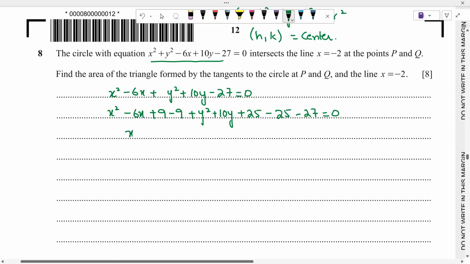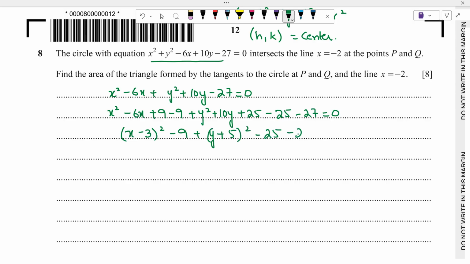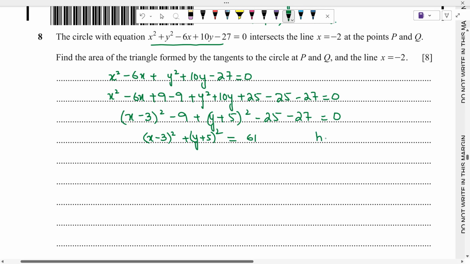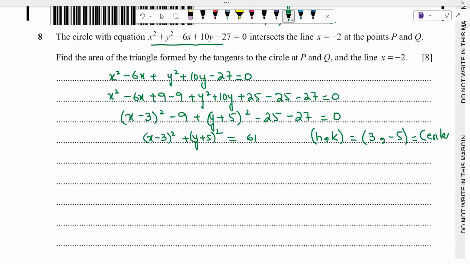We have (x minus 3) whole squared minus 9 plus (y plus 5) whole squared minus 25 minus 27 equal to 0. Further solving, we have (x minus 3) whole squared plus (y plus 5) whole squared is equal to 61. So h comma k is equal to 3 comma -5, which is the center, and r squared is 61.